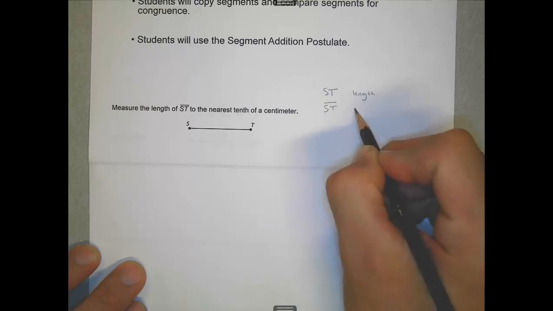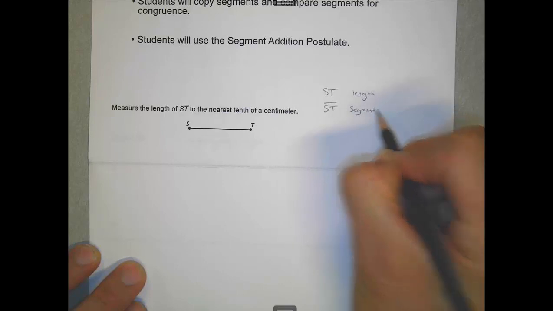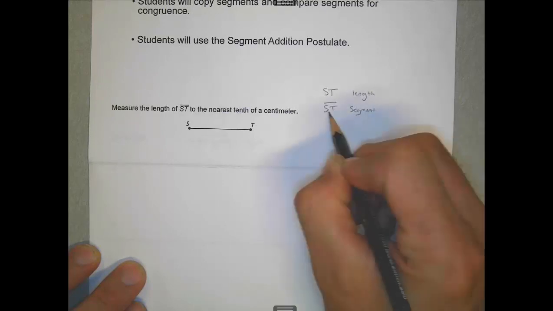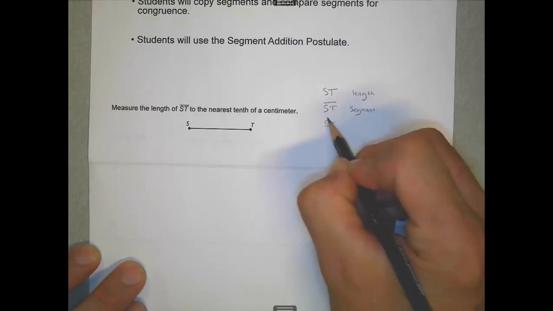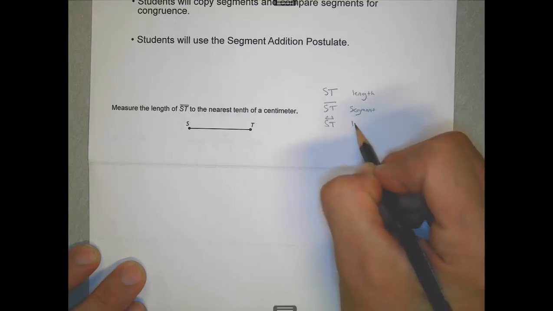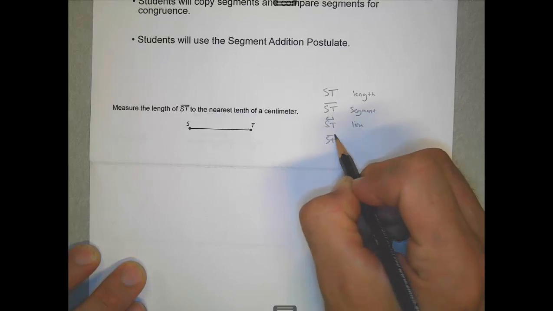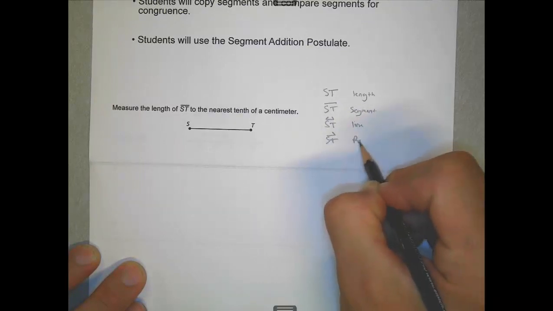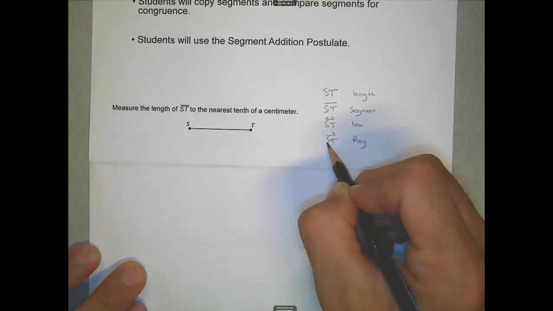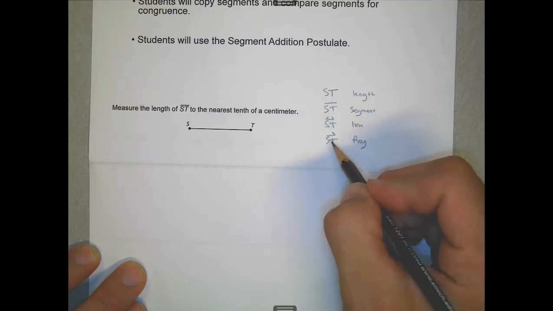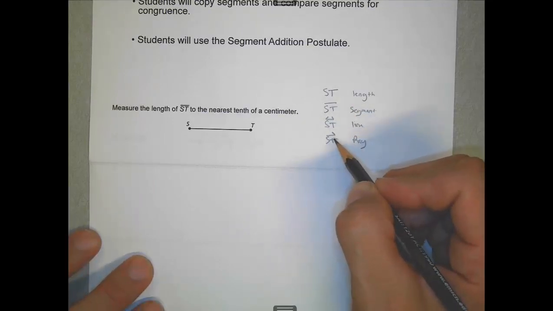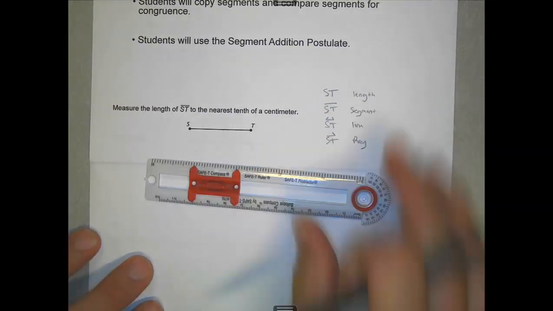ST with a line over it means segment, you're naming this line segment. And then ST with a line like this means you're naming the line. And then ST with a ray over top of it means a ray with a starting endpoint S. So those mean different things. You need to know all those. But we're measuring a line segment here.